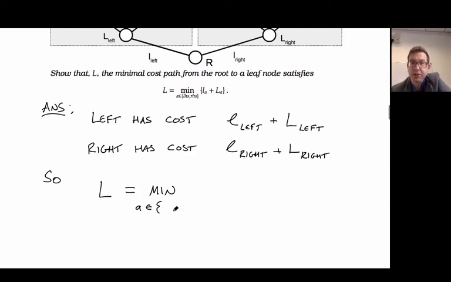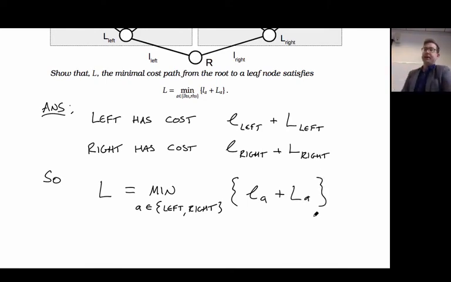So let A be the choices, and the choices are left and right. Then I get the minimum of the loss that I achieve from the movement plus the loss that I get from the place I end up at.